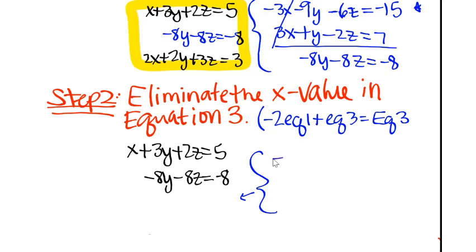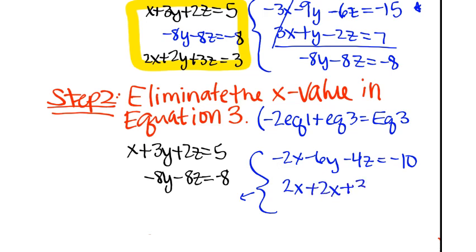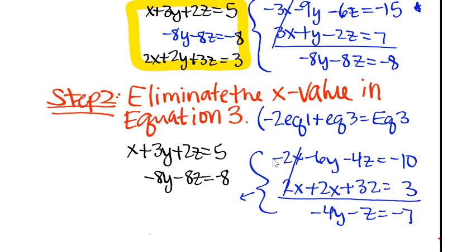When I multiply, I get negative 2x minus 6y minus 4z equals negative 10. Then I write that bottom equation right underneath it. So then, kerchow! Negative 4y minus z equals negative 7. That's what goes right here.